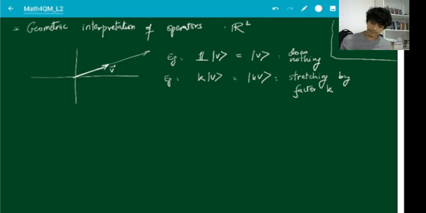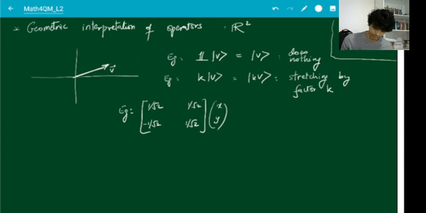Okay. Let's take an example of an operator which looks like this: 1 over root 2, 1 over root 2, minus 1 over root 2, 1 over root 2. So if I take any vector v and let's denote it by x comma y. So this point over here is x comma y. What happens?